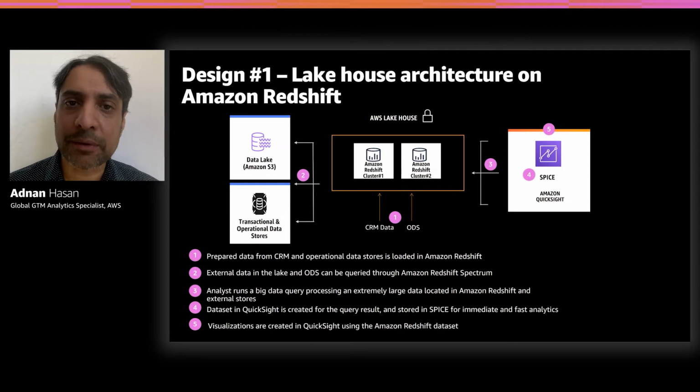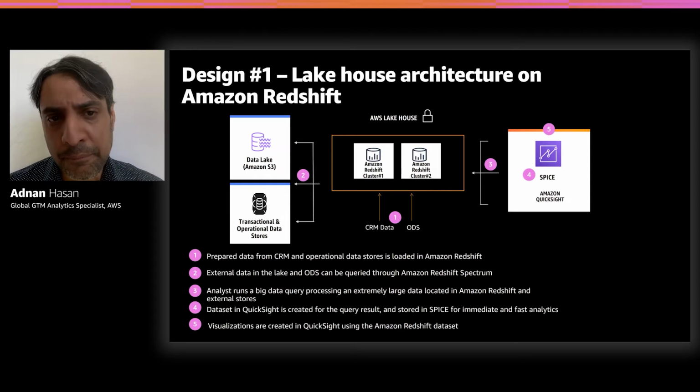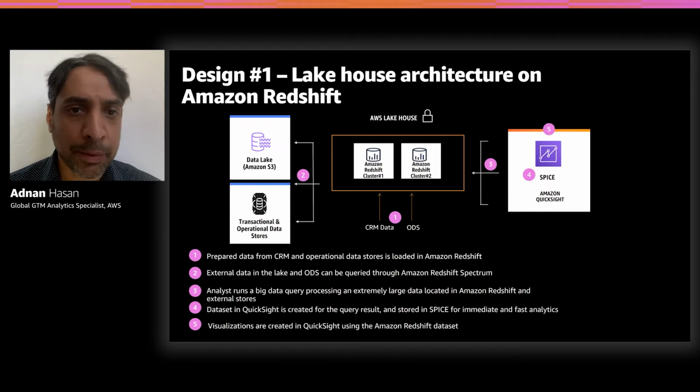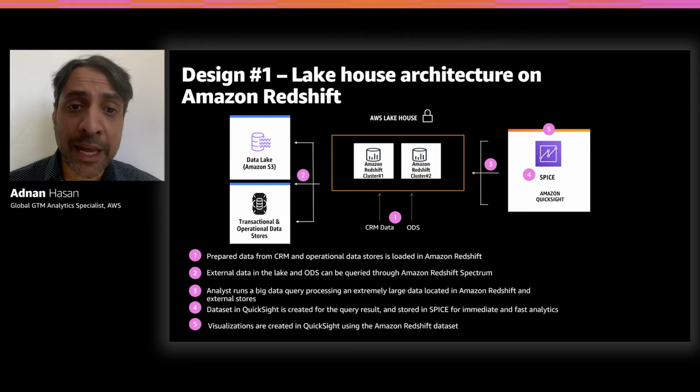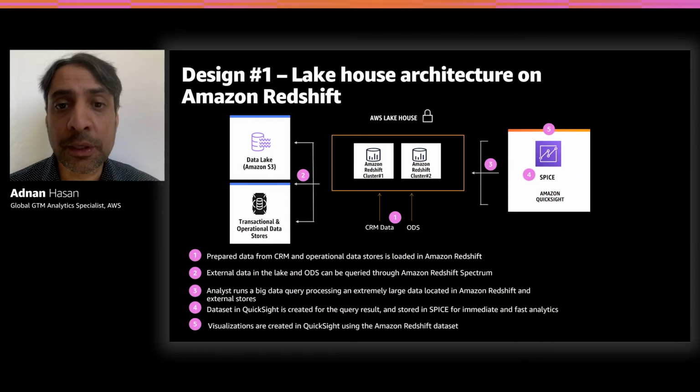So we talked about the scalable model. Here, we can have prepared data from CRM and operational stores loaded in Redshift, and event data or other raw data stored in the lake. We can query the data in the lake and the operational stores from Redshift through a feature called Amazon Redshift Spectrum.